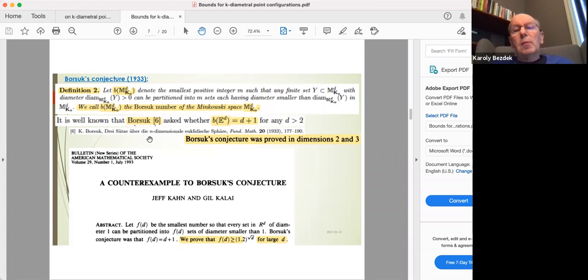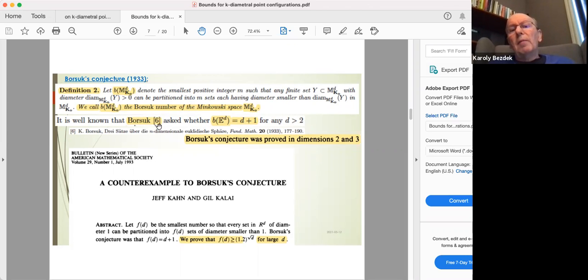which is about partitioning a set of diameter 1 in, say, d-dimensional Minkowski space into sets of smaller diameters. So this number, the Borsuk number, that I have introduced here in this definition for a given d-dimensional Minkowski space is the smallest integer m, such that any set of diameter 1 can be partitioned into m sets of smaller diameter.